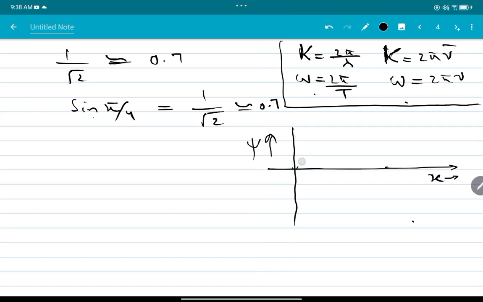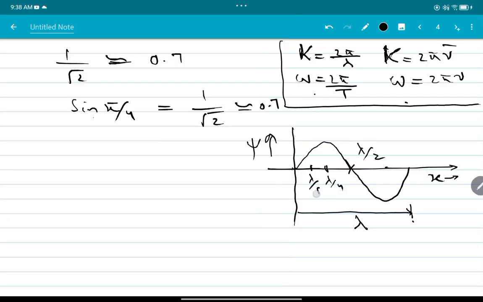Suppose this is the wave. The distance in which one cycle of the wave is completed is called lambda. Then this will be lambda by 2, this will be lambda by 4, and half of this will be lambda by 8.